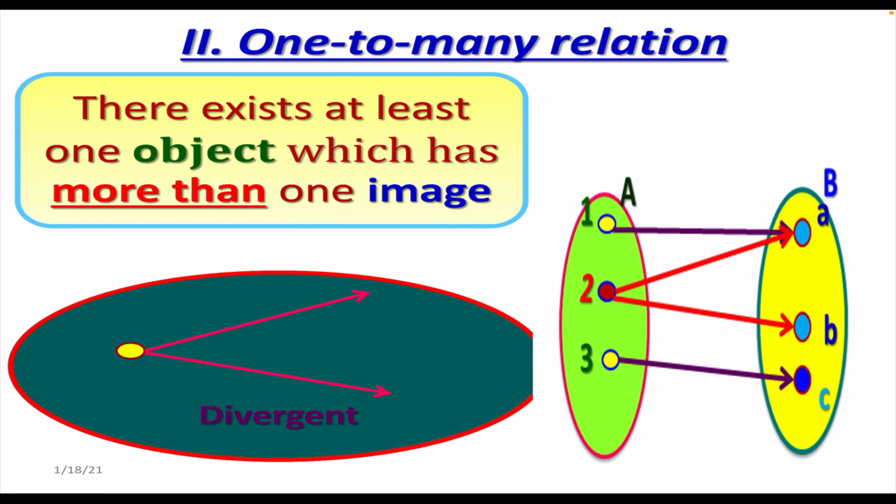So object 2 has two images, A and B. So we have these divergent arrows. Graphically, visually, you could look for two arrows coming from one point, so divergent. That means your relation is one-to-many.